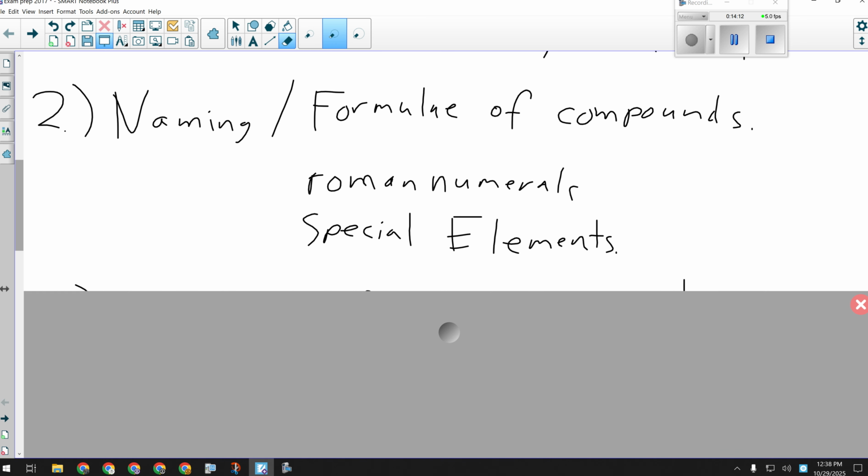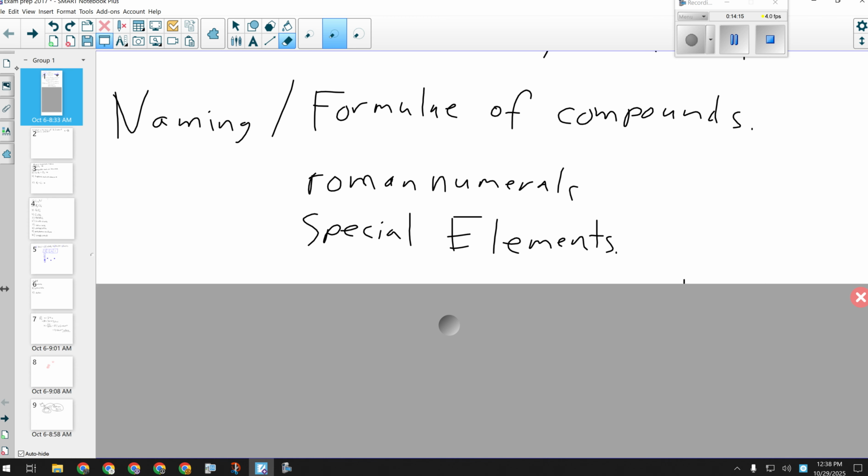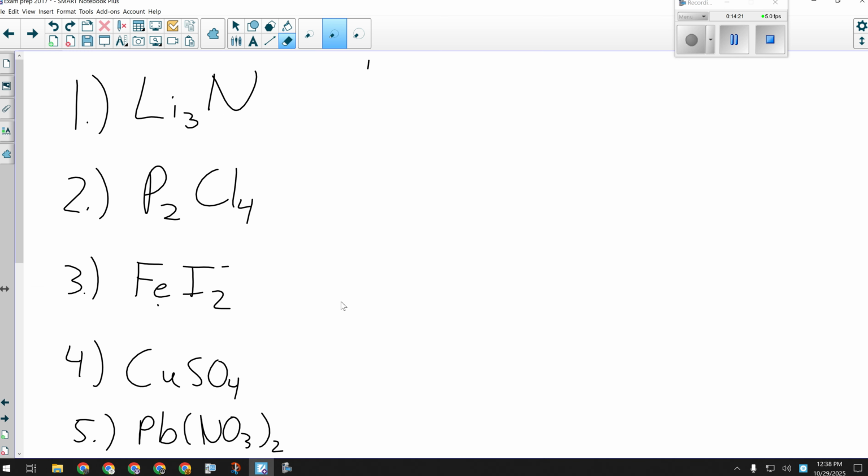So let's just do a quick review here of some naming. Give me the names for those 5. All right, so question number 1. Ionic or molecular? Ionic. Lithium is a metal.